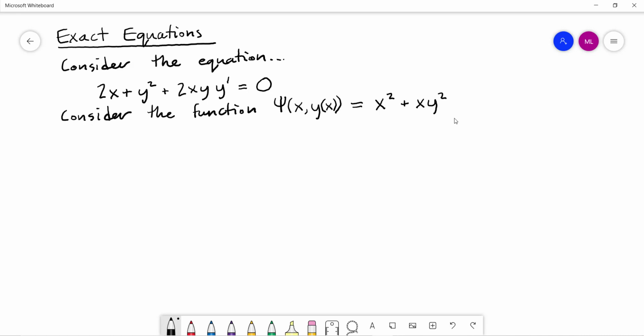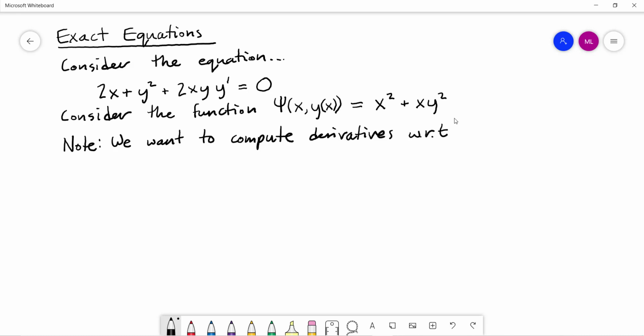So a quick side note: we want to compute derivatives with respect to both x and y. And this requires some tools from Calculus 3. This tool is called a partial derivative.